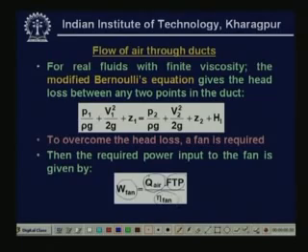So, if you know the volumetric flow rate of air, and if you can estimate the fan total pressure FTP, and if you also know the efficiency of the fan, then you can find out what is the total power requirement to run the fan.